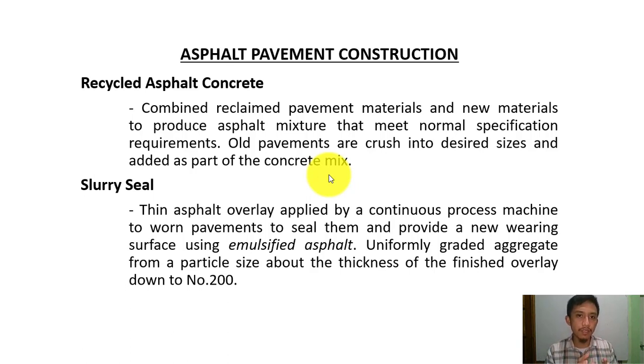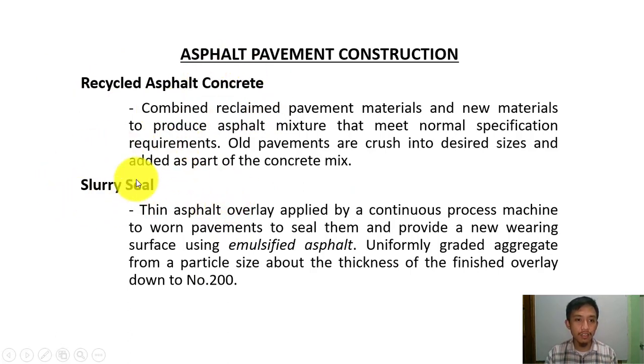For example, a Portland cement concrete pavement, they will crush that so that it becomes desirable sizes, which will serve as additional aggregate. We will be recycling that as an aggregate for our new concrete mix, which is an asphalt concrete.